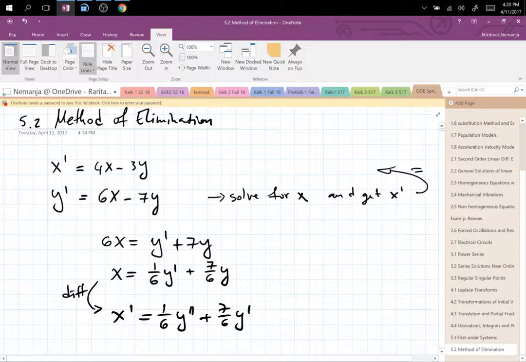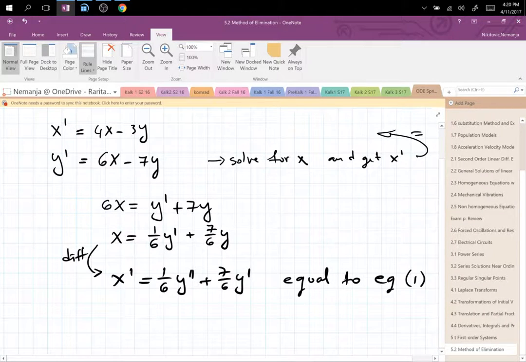And now equal that to equation number 1.